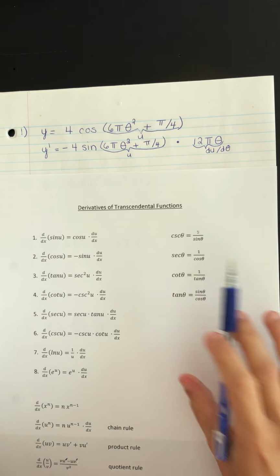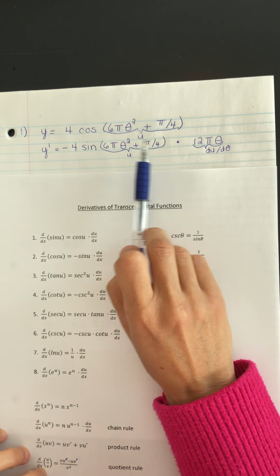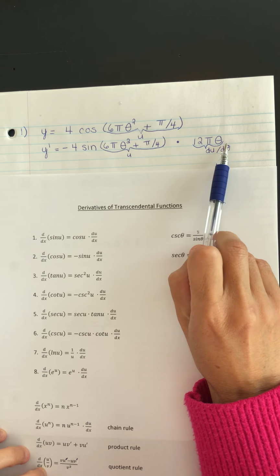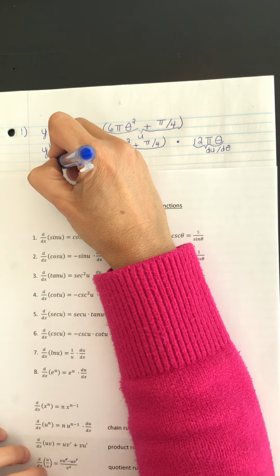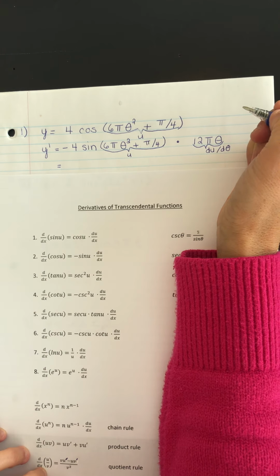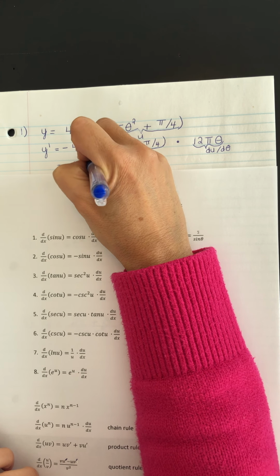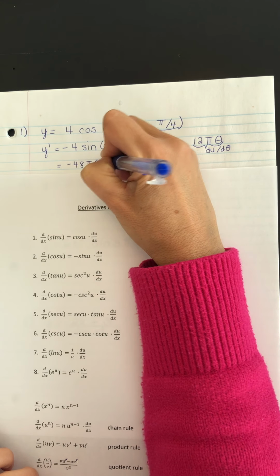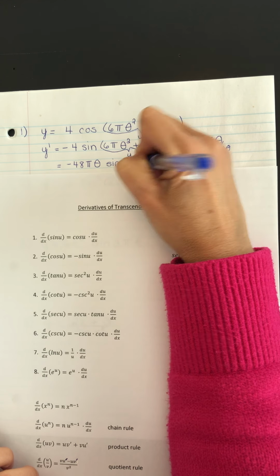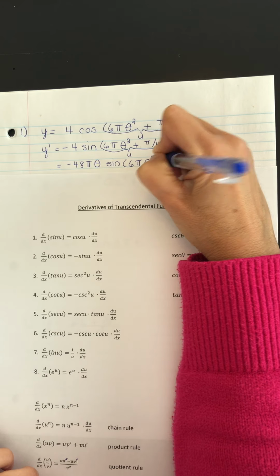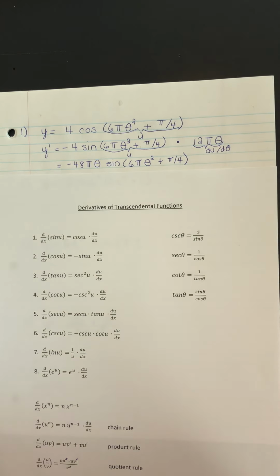Now in writing the final answer, we can't change the trig function at all, but we can move 12 pi theta to the front where it'll multiply by negative 4, and that'll give us our final answer, which is negative 48 pi theta times the sine of 6 pi theta squared plus pi over 4. Just like that.